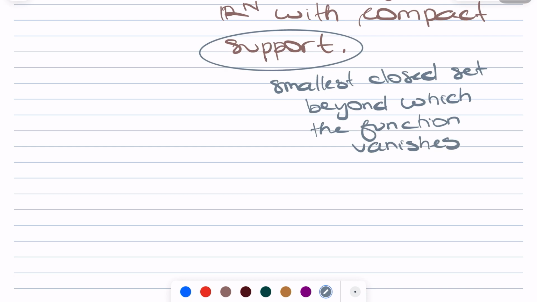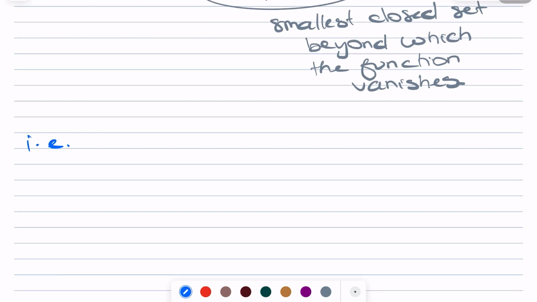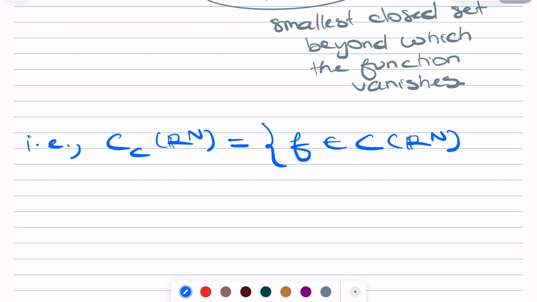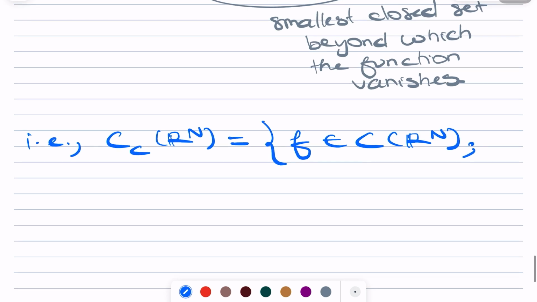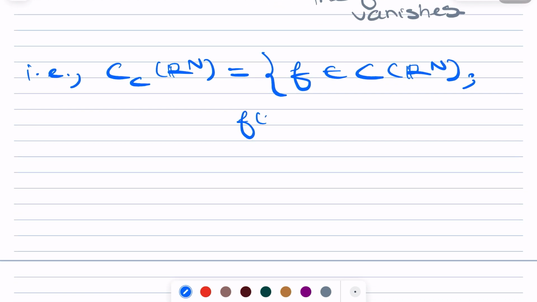Okay, so to be a bit more explicit, the space CC Rn is equal to the set of functions that are continuous on Rn, such that f of x is 0 for every x in Rn minus K, where K is compact.